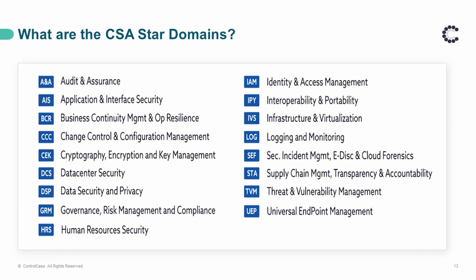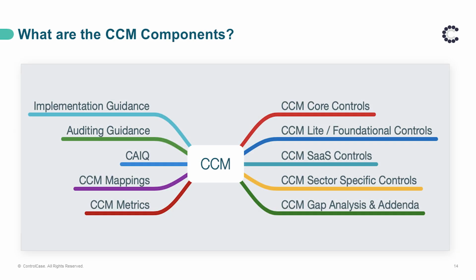Now I would also like to give you a brief overview of all the components of the cloud control matrix. What you've seen prior on the screen was the structure of the domains of the CCM, the cloud control matrix, which, by the way, I forgot to mention, includes 197 controls.